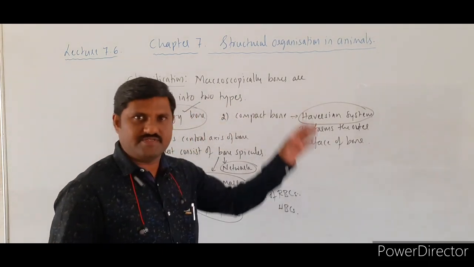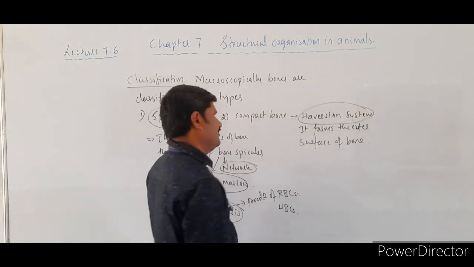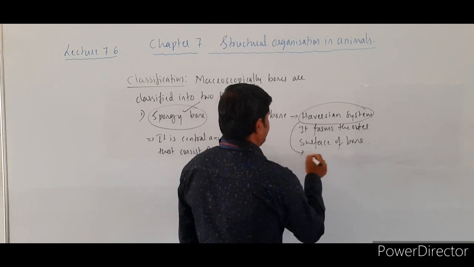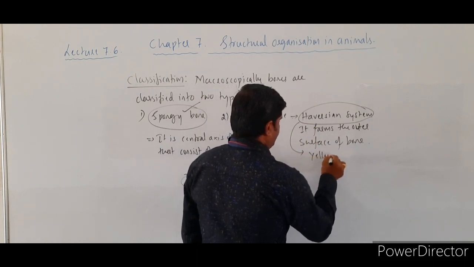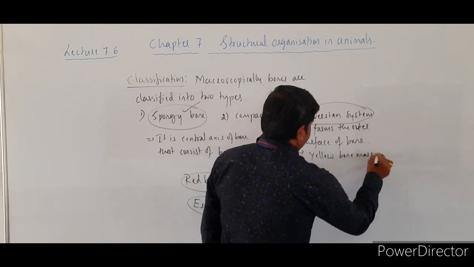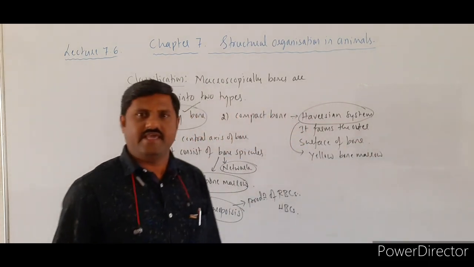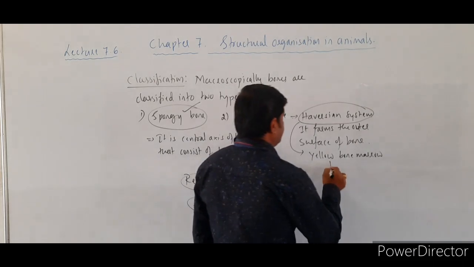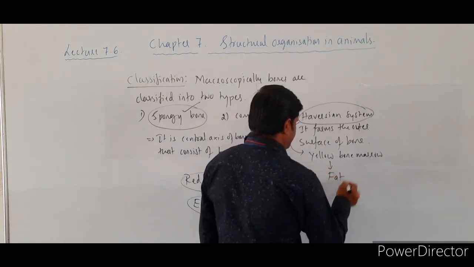And what is present in the Haversian systems, you came to know. So here you will come across what? Yellow bone marrow, which is rich in fat.